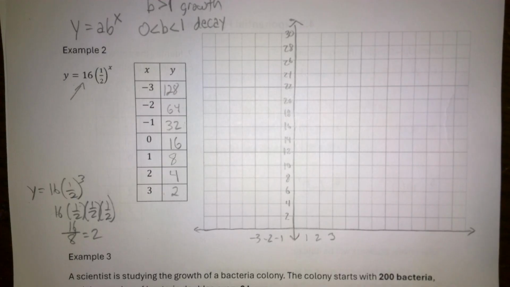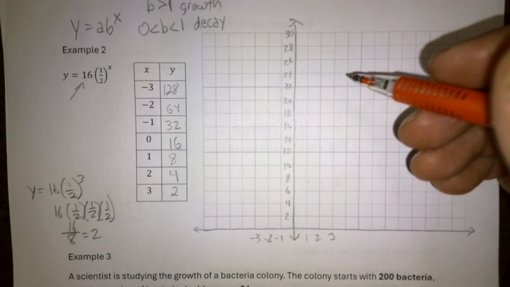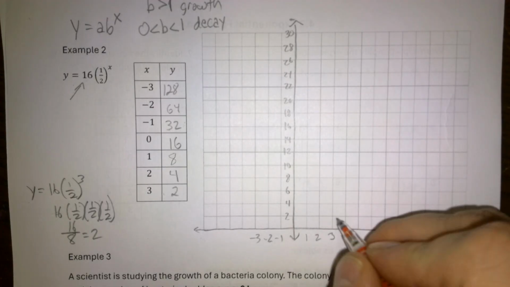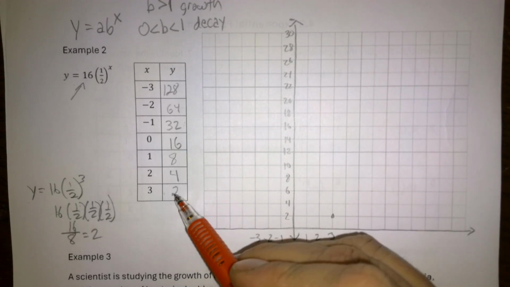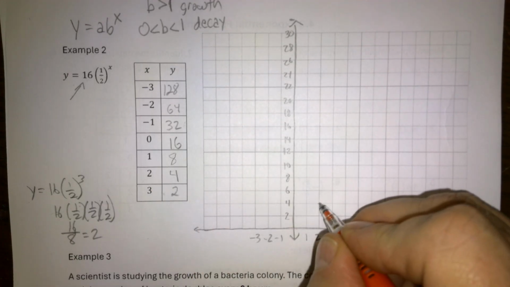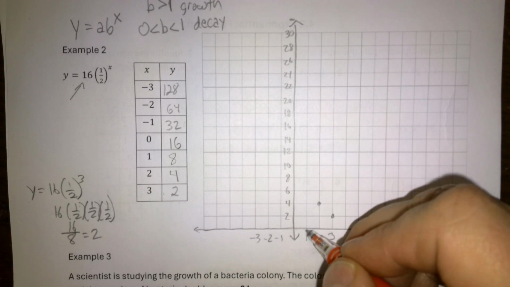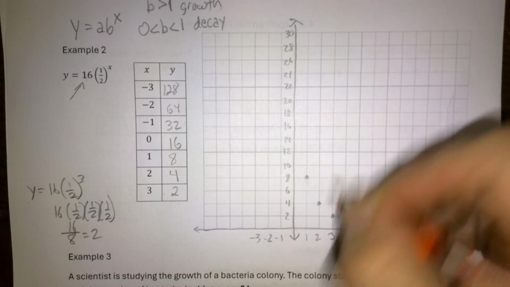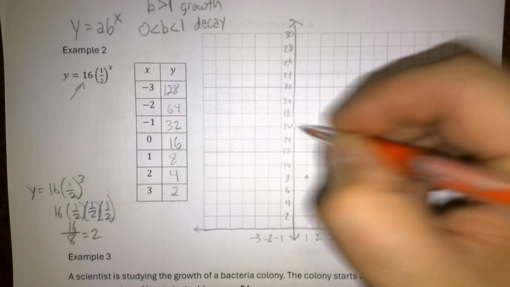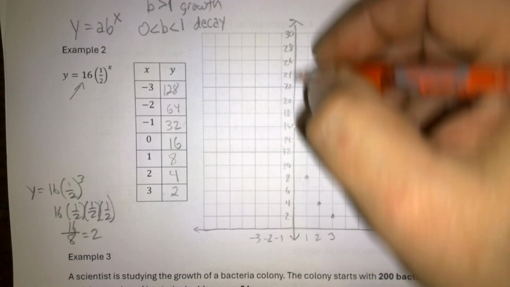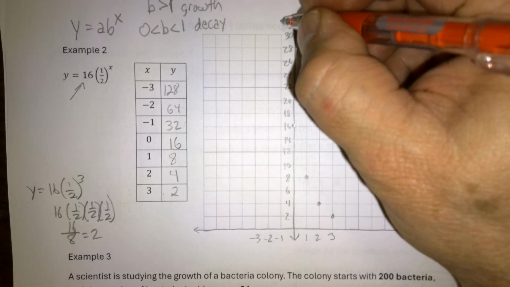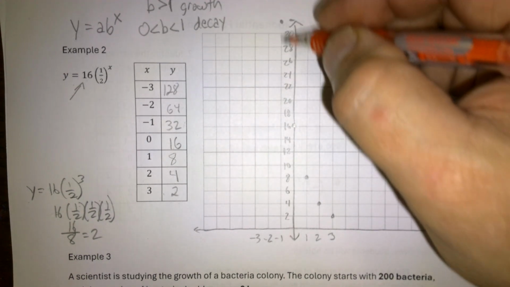So I think we could at least approximate it. All right, so let's go ahead and put in these values. So 3, 2 would be right here, starting at the bottom. 2, 4 would be right here. And 1, 8 is right there. And then 0, 16, -1, 32 somewhere up here. So there's your general shape.